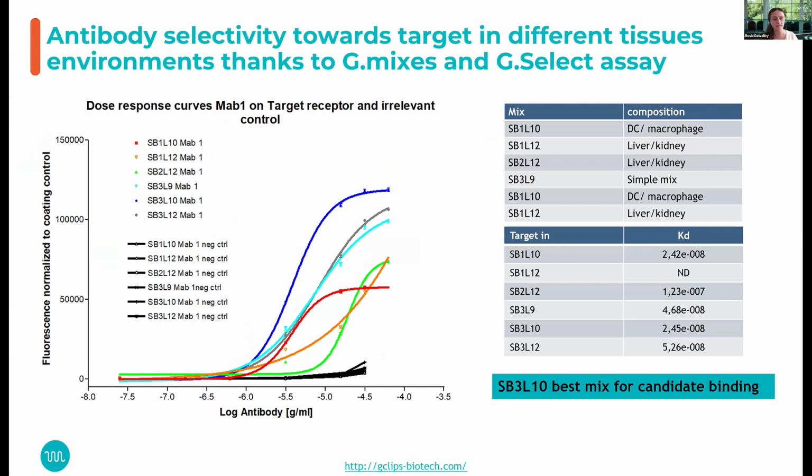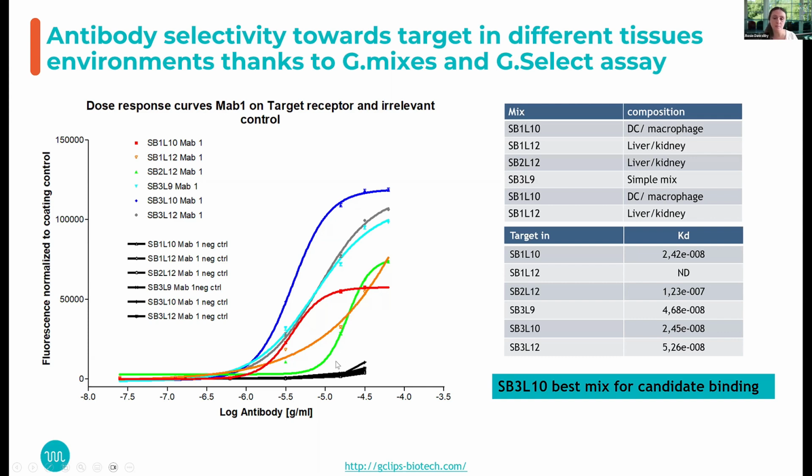And we did some dose response ELISA, using either the candidate or a negative control antibody. What you see here is the result of an ELISA coming from the same exact antibody used all the time on the same exact target, but in different environments, different formats, and most probably different conformations.